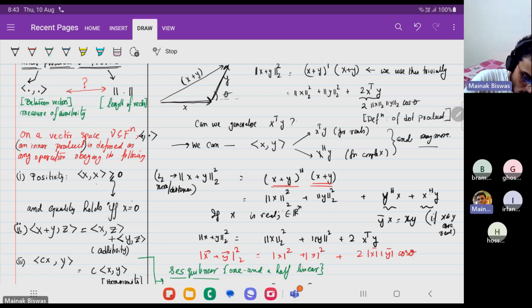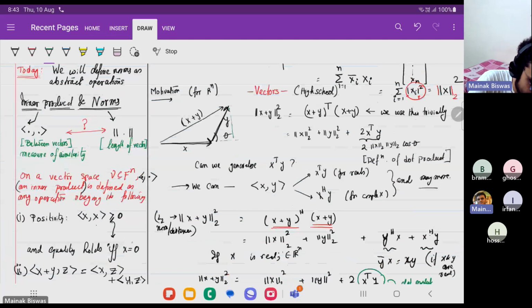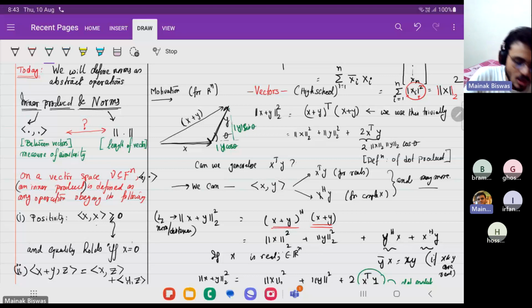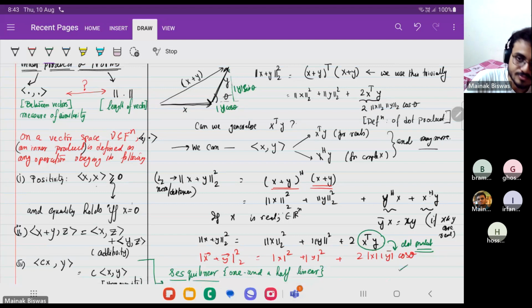So this we have said is the dot product, right? This is the very definition of the dot product. Are the two formulas matching? You can also derive this formula by projecting y to y cos theta and y sin theta, and then use the Pythagoras theorem. You will get the same equation. Is this clear? Is the motivation clear?